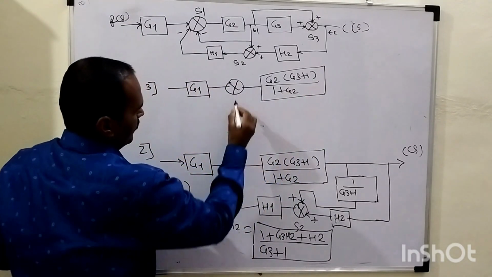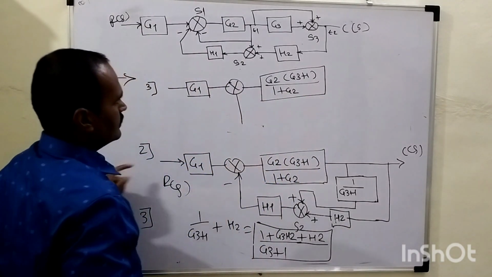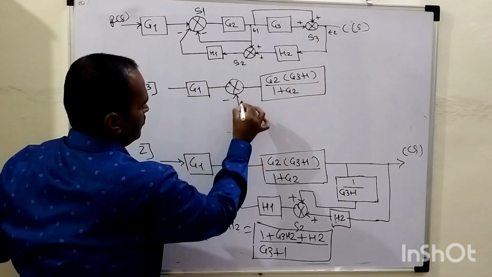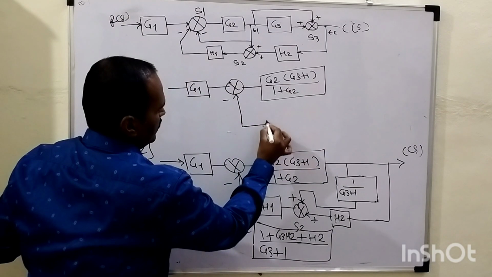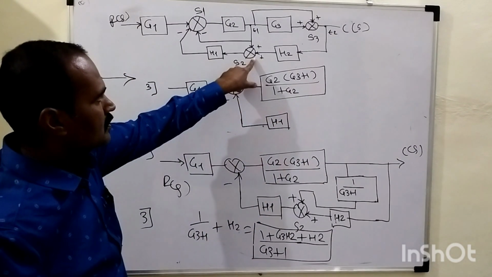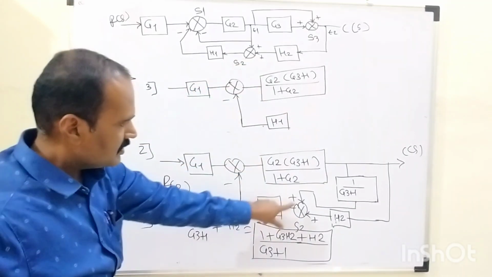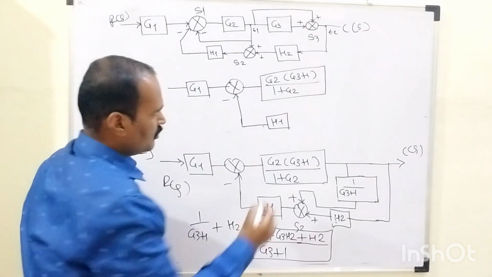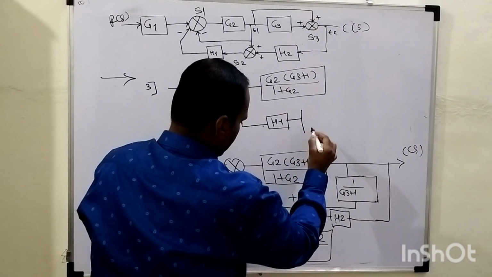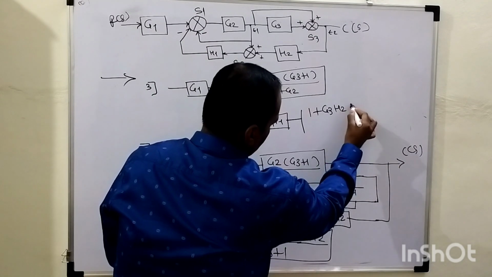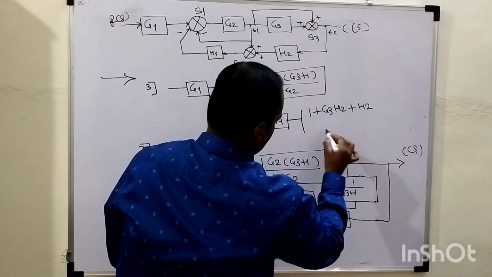Right? Then from this summing point, with this negative sign, we are having one feedback element whose value is H1. Now this summing point number 2 is no more with us. Why? Because it is eliminated as these two blocks are being added with each other. Their overall gain, here I will write: it is 1 plus G3 times H2 plus the remaining term H2.